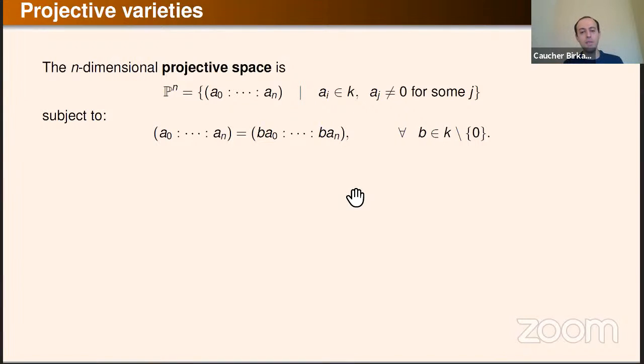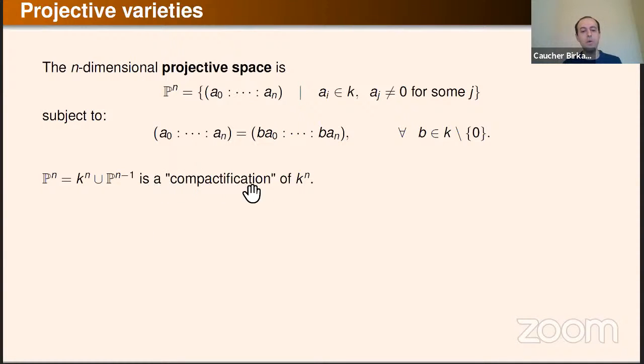So this is an abstract definition, but it turns out that in fact this Pn is nothing but k to the n, with a copy of P to the n minus 1 added at infinity. So for example, if we work over the real numbers and we look at P1, then P1 will be just R, which is a line, together with 1 point at infinity added.